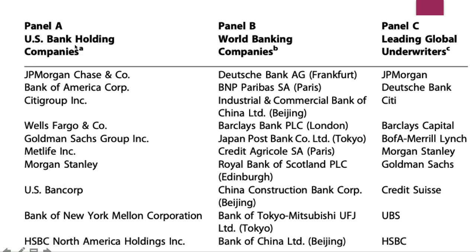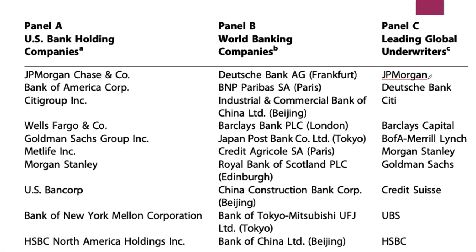And we can see these panels, and in these panels it is shown that there are US bank holding companies, world banking companies, and leading global underwriters. As we discussed, the underwriter here implies the investment banks that help corporations to raise capital, right? That's what we mentioned before.